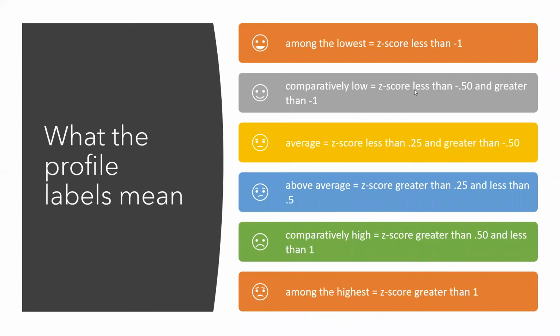Now, our communities that are average do have risk. And this is important to understand: an average community is not a no-risk community. It is a community whose risk is just what we see on average in the state. These communities still have places to go, because ultimately we want them to be among the lowest and comparatively low.